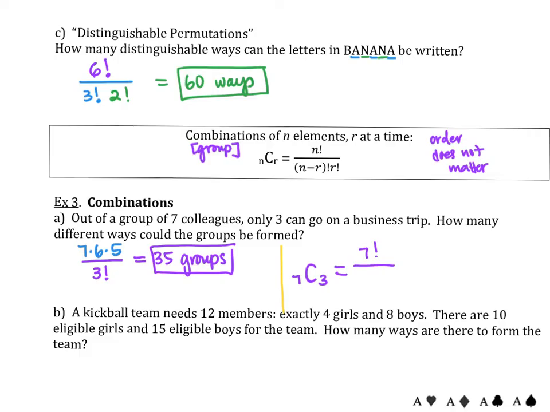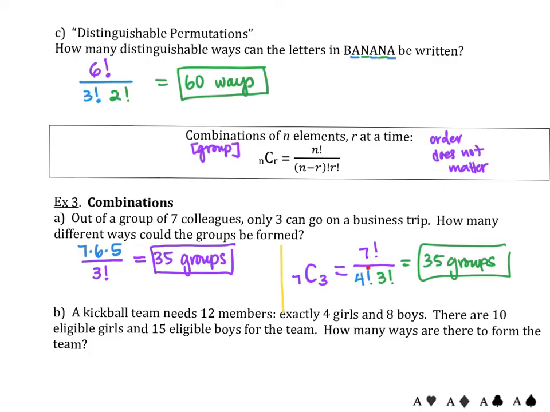At the bottom, we have 7 minus 3, n minus r factorial. And then we have r factorial. You could plug this into your calculator and you would still get 35 groups, and we are going to stare at it to make sure that you see that it is actually the same.